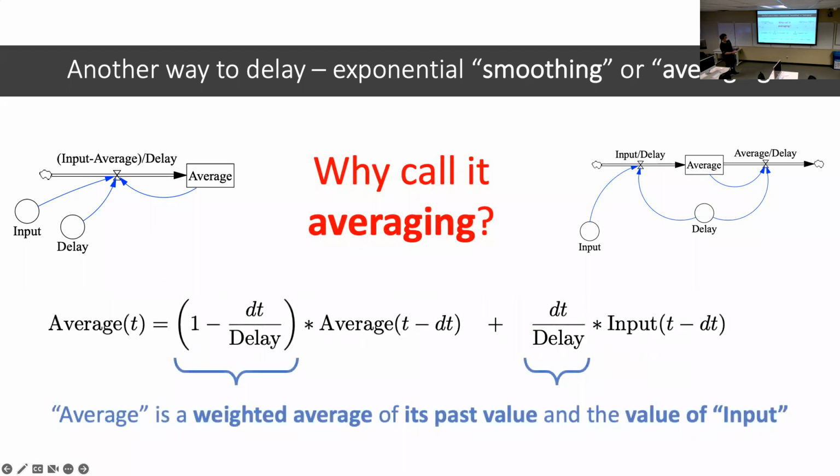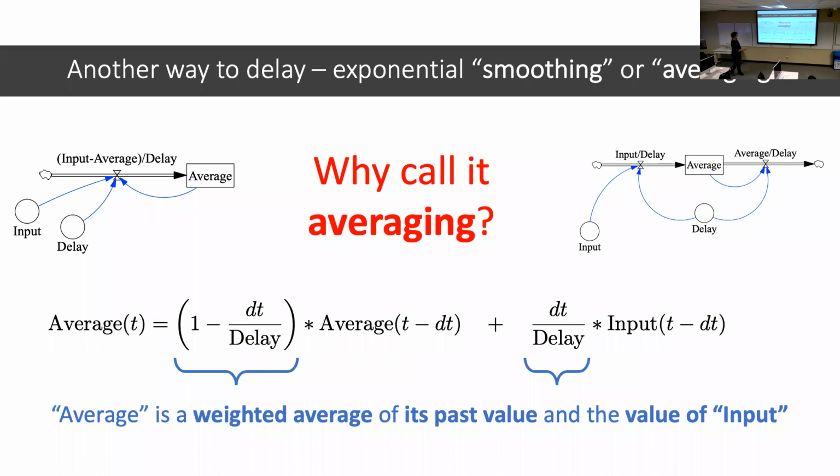This new version, which is identical to the version I just described, basically says that the water level at the next time step, or the nutrient flow at the next model time step in the blood, is equal to a combination of either the desired water level, or you could say the food that's in the stomach, and the previous water level, or the previous nutrients in the blood. And the delay term, how big the delay is, tells you whether you're weighting this average to be more biased towards the input or more biased towards the previous values.